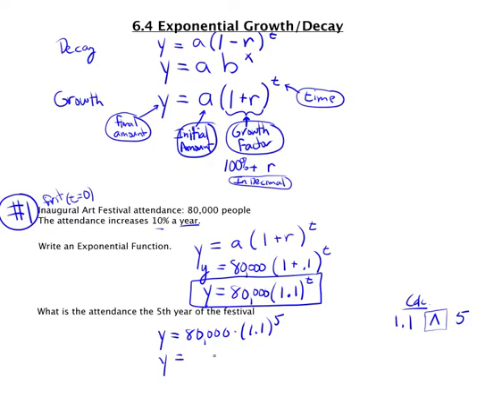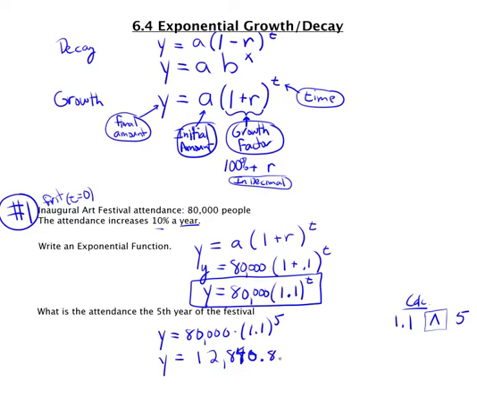And that will get us 12,840.8. So that's funny. 0.8 of a person?